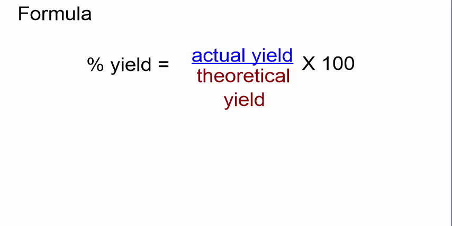So here's the formula. Percent yield is equal to your actual yield divided by your theoretical yield times 100. Now, the majority of the time your actual yield is going to be smaller than your theoretical yield because there's always some error involved. Alright, so typically it's going to be your smaller number over your bigger number. And then don't forget to multiply by 100 to make it a percent.